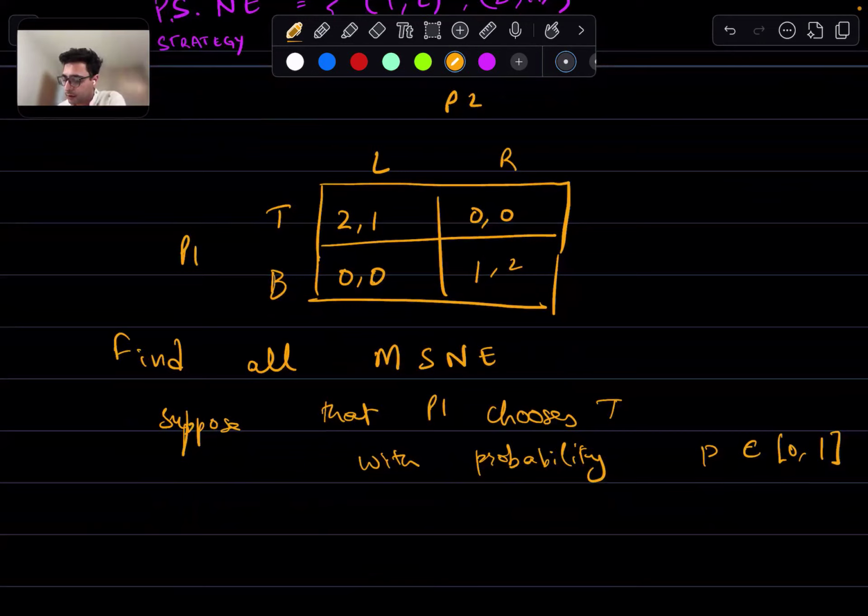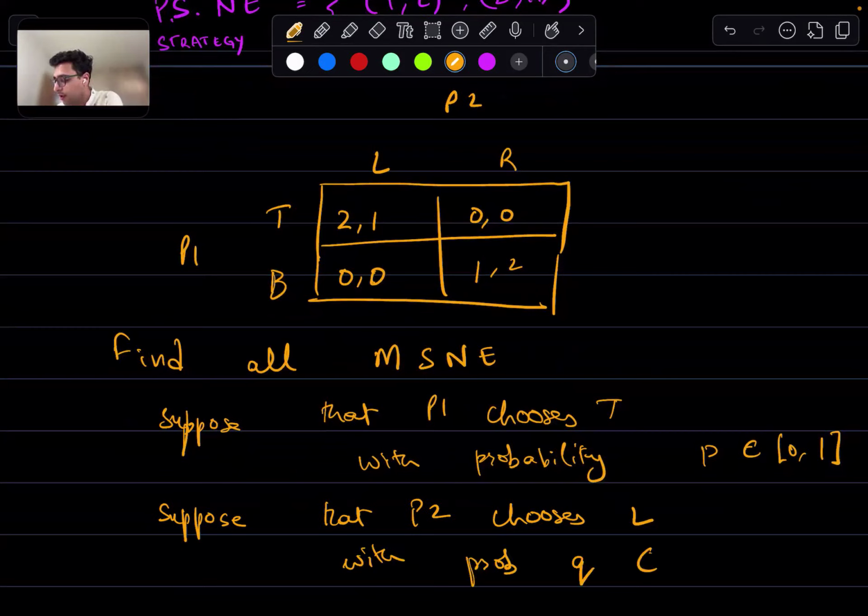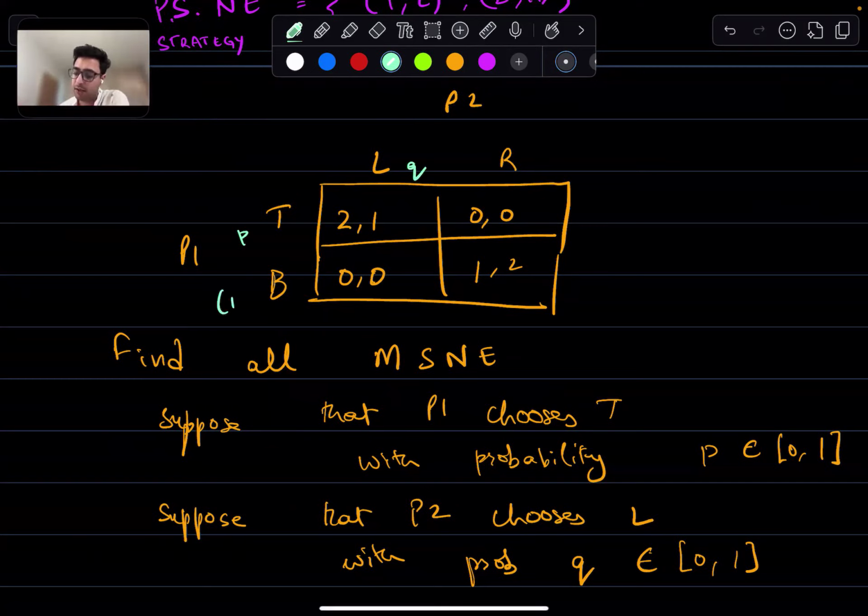You also suppose that P2 chooses L with probability Q, where Q is some number between 0 and 1. Okay, so you have some P here, you have some Q here. Notice I didn't suppose anything about the probability with which player 1 chooses B, because that will simply be 1 minus P, or the probability with which player 2 chooses R, which will simply be 1 minus Q.